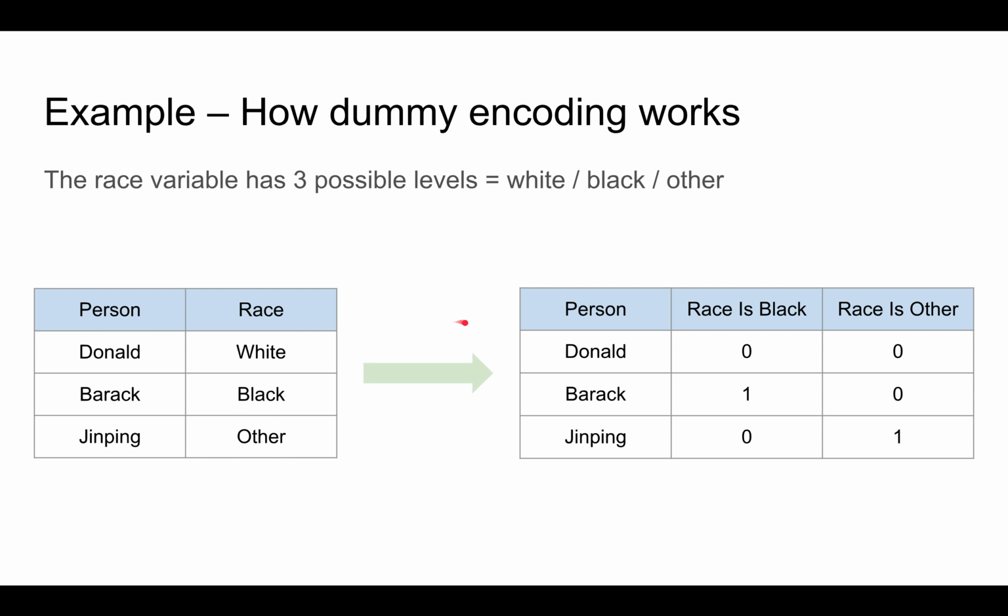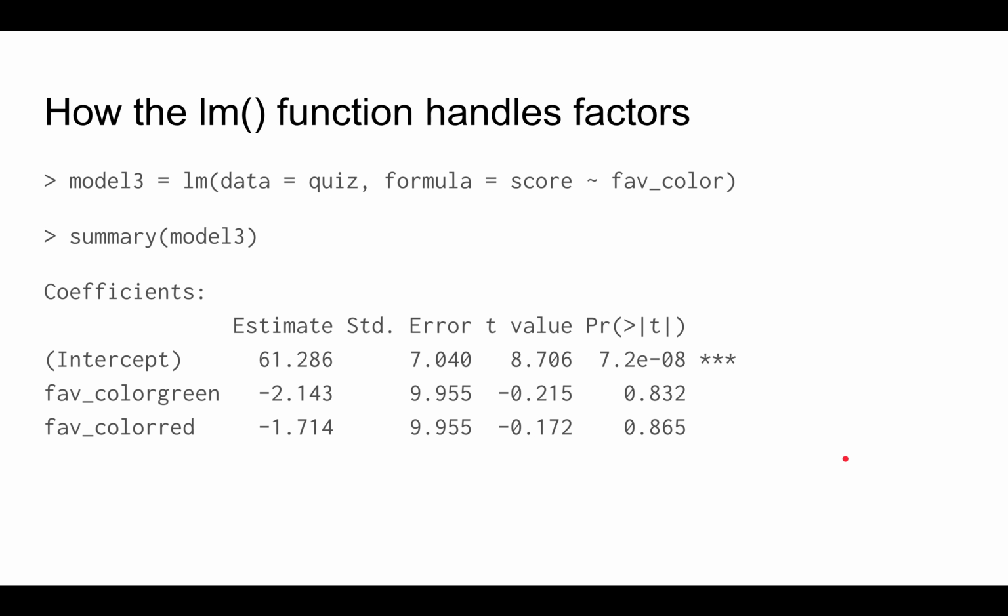One of the values will be the so-called reference level, and for all the other levels, we'll create extra columns, one extra column for each other value. If you look at the output of the LM function when there is a discrete variable, you see that in this case there were three colors.